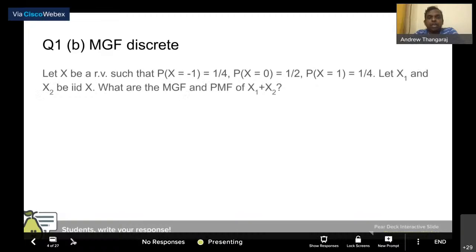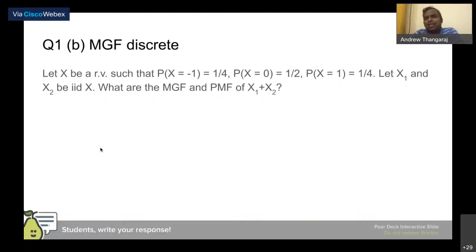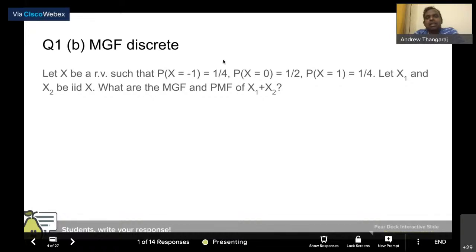Now, one of the utilities of the MGF is that it captures sums of IID random variables. In the small case it's a bit trivial, but still, it's good practice to see how to do this. You're given a distribution X, the same as last time, and then X1 and X2, which are IID according to X. What are the MGF and PMF of X1 plus X2?